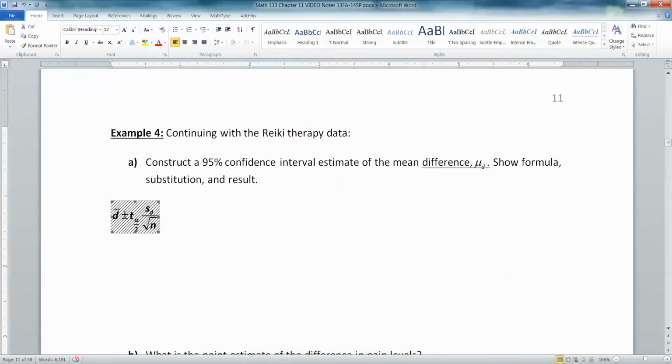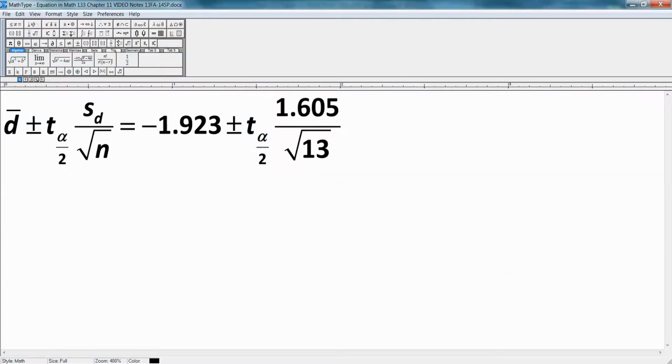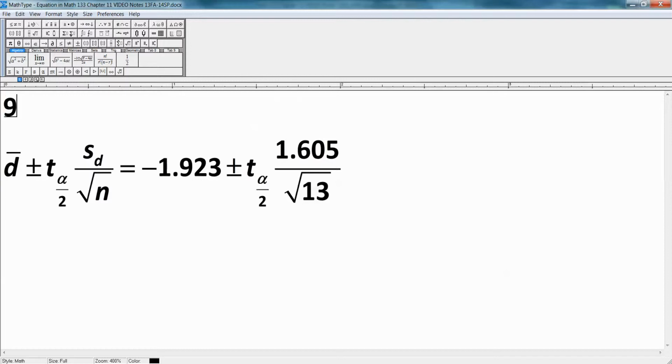All right, so since it's a 95% confidence interval, that means that alpha, I better put it up here. So it's 95% CI. That means that alpha is 5%. So alpha is 0.05 because they're complements of each other.